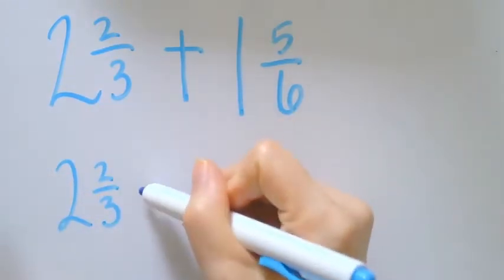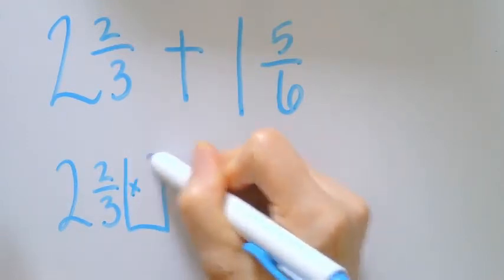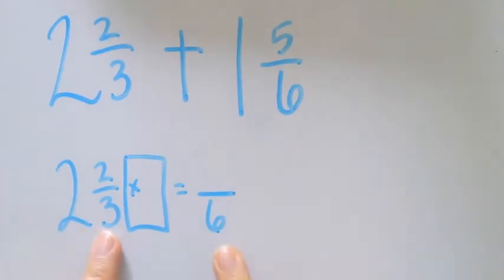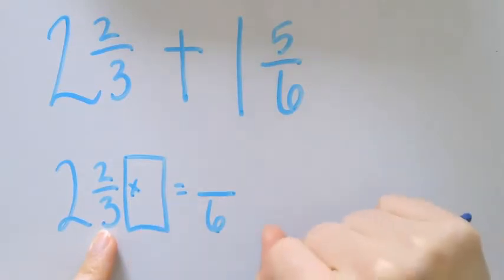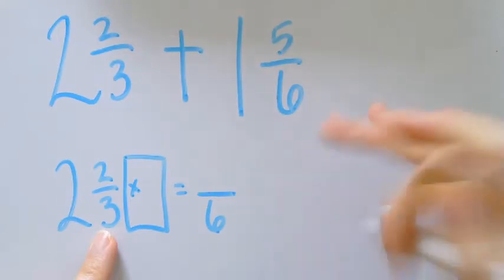Bam. All right. So now I'm going to go ahead and multiply something because I need my denominator to be a 6. So 3 times something is going to give me 6. What is that something? If you're not sure, count your multiples. 3 times 2 is 6. That's 2.